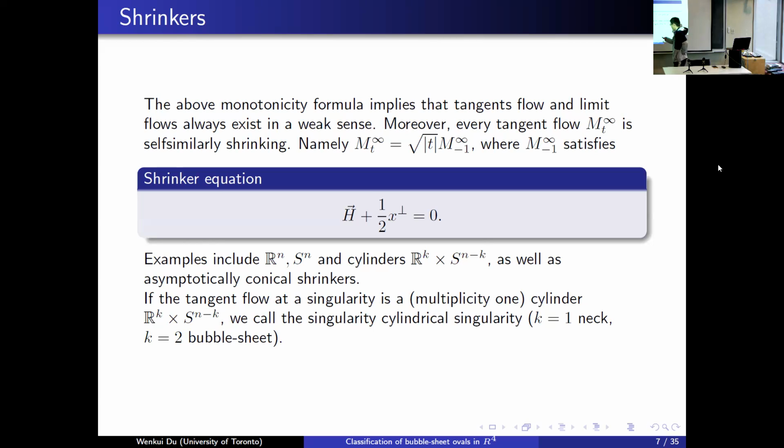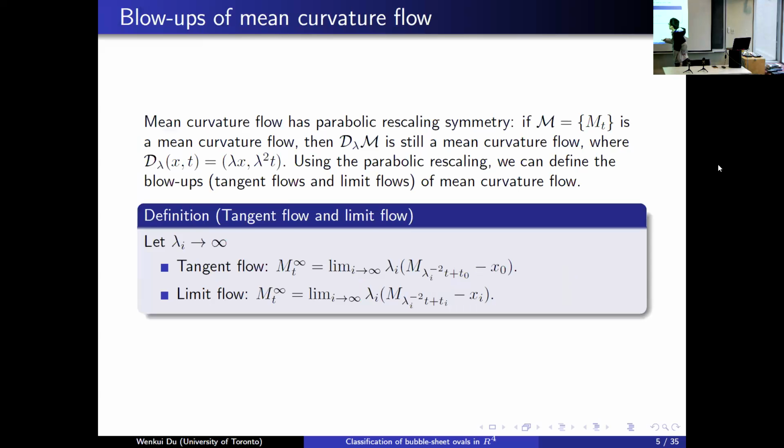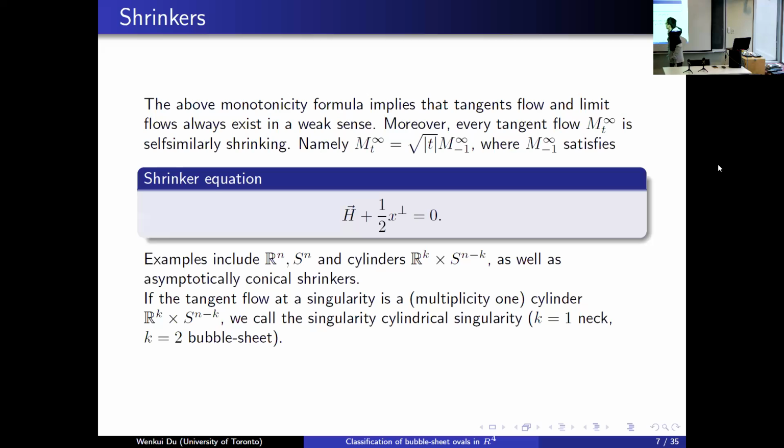Another issue is that in the previous slides, this tangent flow, in the weak sense, may converge in the varifold sense to higher multiplicity. So if we consider a specific type of tangent flow, where the tangent flow at the singularity is a multiplicity 1 cylinder, then we call this a cylindrical singularity. When there is only 1 R factor, it's called a neck singularity.